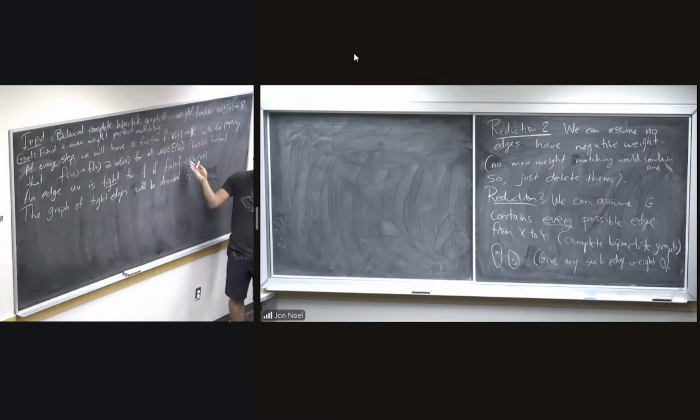So if I gave you an f, you could just check all the edges, check if they're tight, and that would be how you construct this graph.